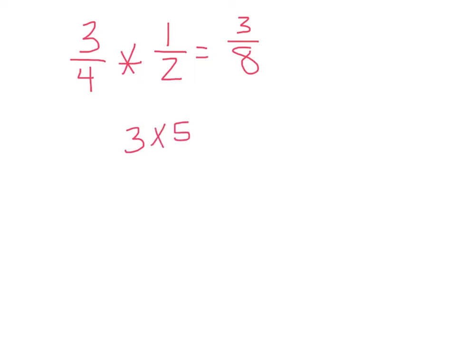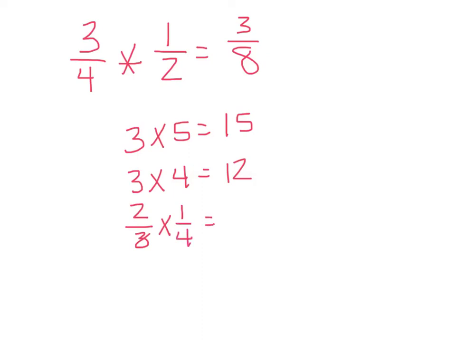So if 3/4 times 1/2 is 3/8, are you beginning to see a pattern here? 3 groups of 5 was 15 and 3 groups of 4 was 12 and 2/3 of 1/4 was 2/12 and 3/4 of 1/2 was 3/8.